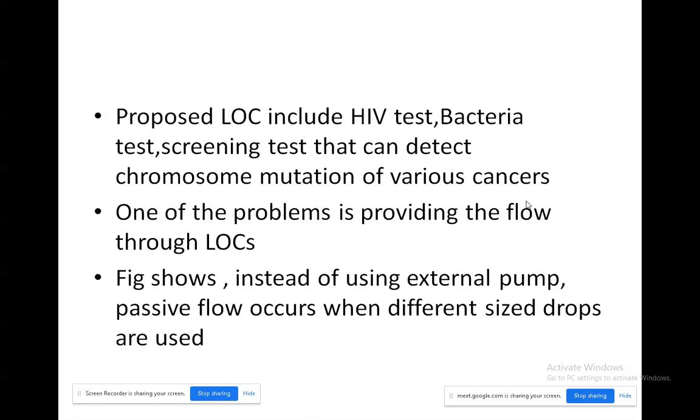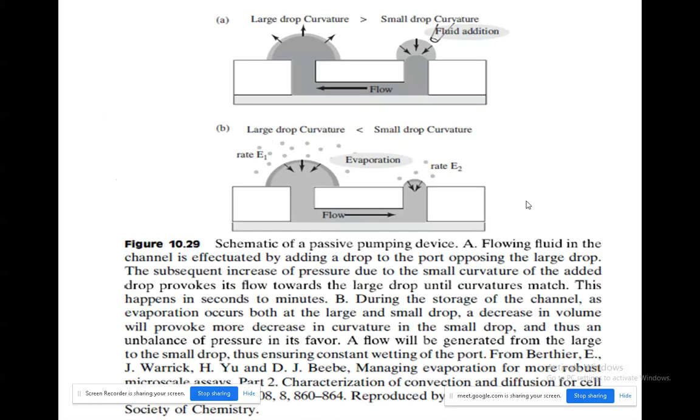To avoid that you may use an external pump and passive flow control. If the large drop curvature is greater than the small drop curvature, then the flow will be in this direction. When the large drop curvature is less than the small drop curvature, the flow will be in the opposite direction.